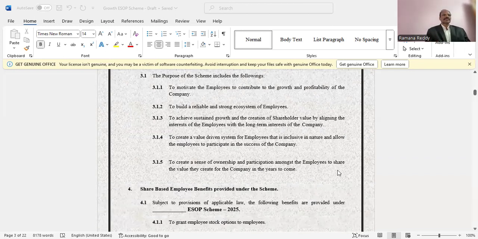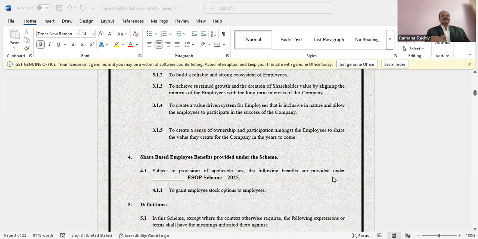This is the purpose. So it means to create a sense of ownership and participation among the employees, to share the value they create for the company in the years to come. This will motivate them.